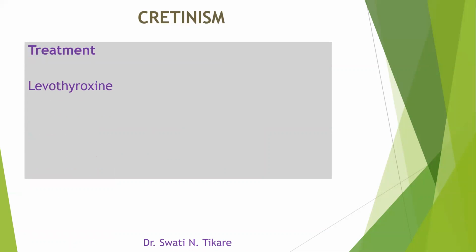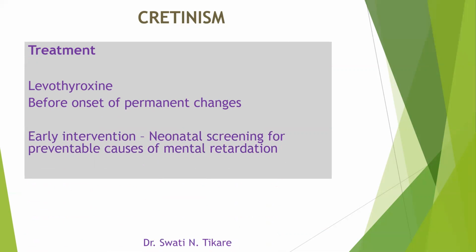Coming to the treatment, of course, thyroid hormone has to be replaced, that is levothyroxine. But one thing is, before the onset of permanent changes, early diagnosis and early treatment is essential. Once the permanent changes occur, it is impossible to reverse those changes. So early intervention should be made.